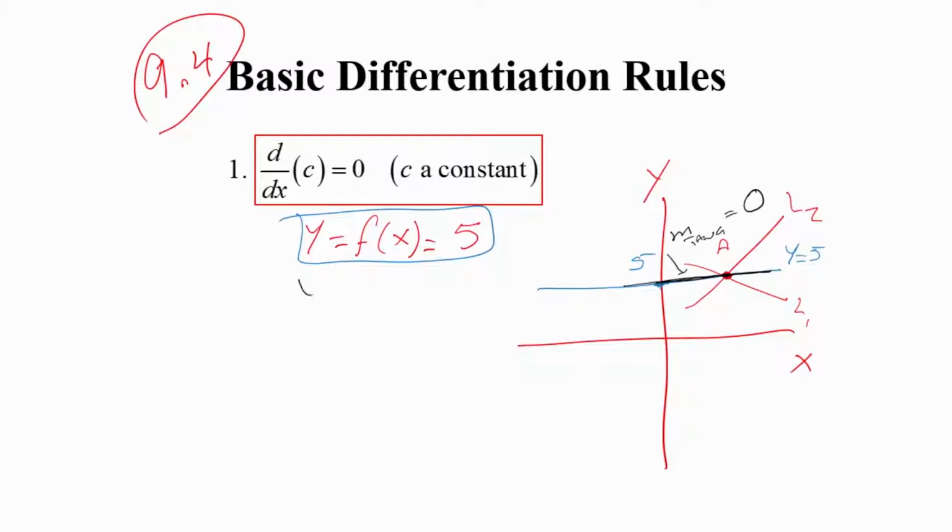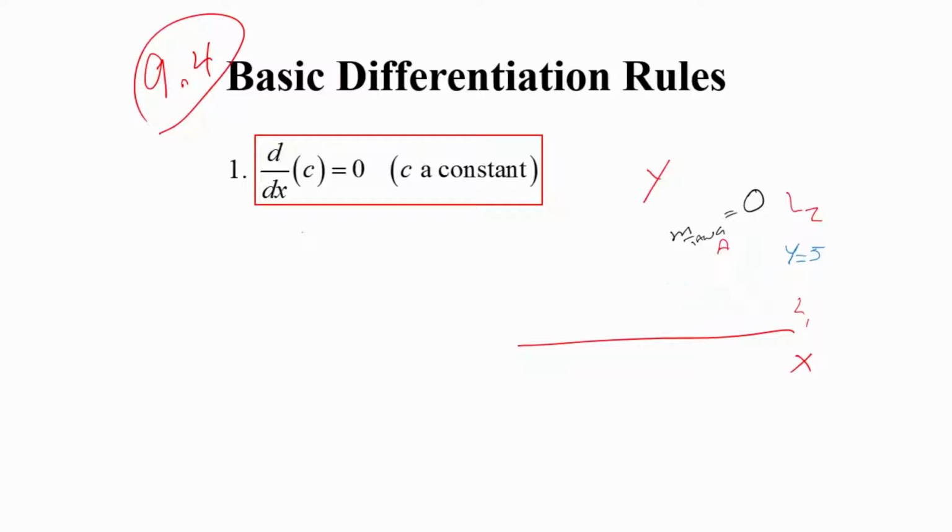So in this case, y prime, or f prime of x, would be equal to 0. Done. So since the slope of the tangent line is 0 for a horizontal line, the derivative would be 0. That's rule number 1. Derivative of a constant is 0, because the slope of the tangent line to a horizontal line is equal to 0.